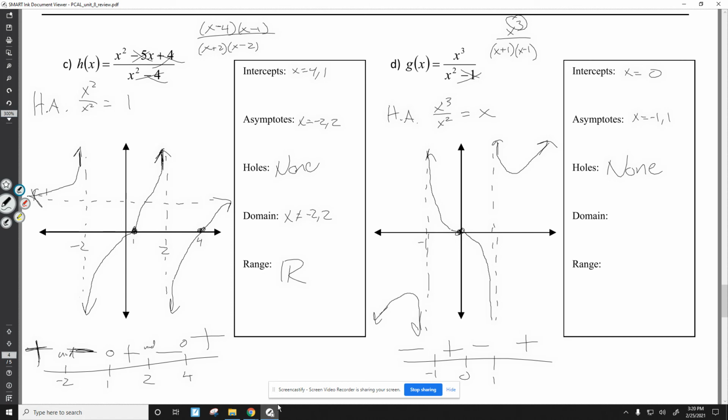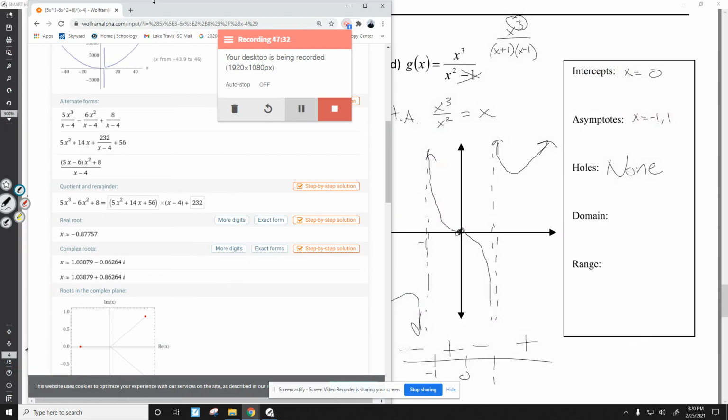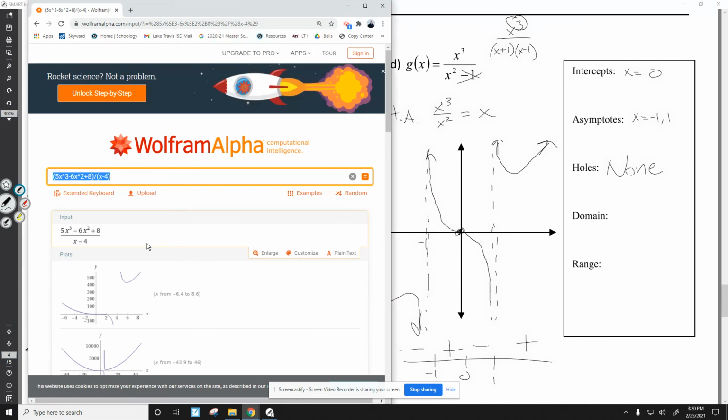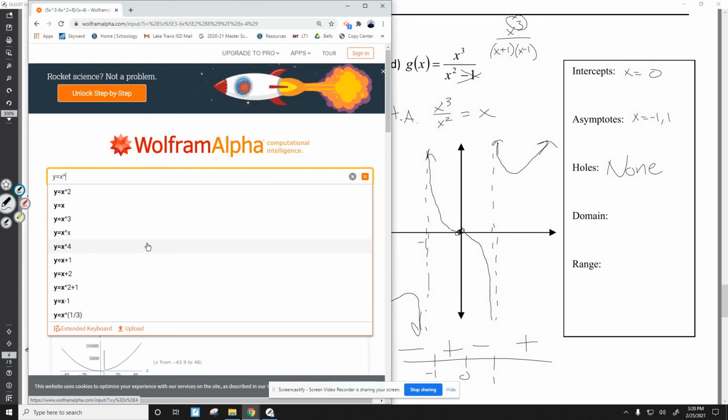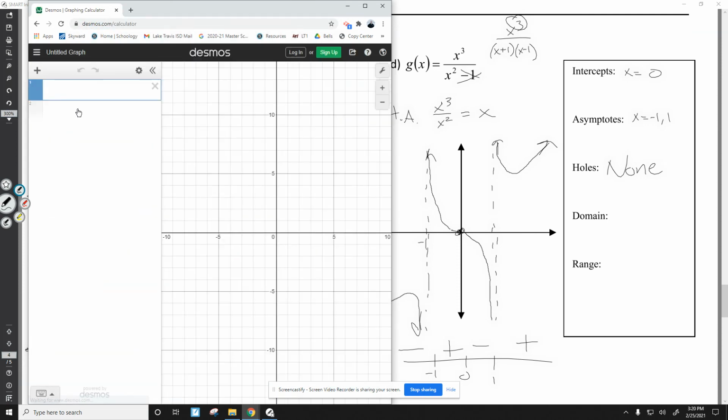I want to graph this. x cubed over, let's use decimals, x cubed over x squared minus 1.